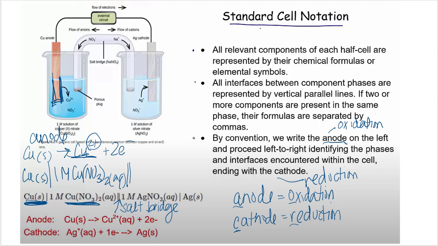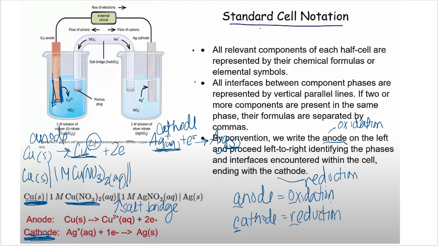Okay, and then we proceed over to the right, which is our cathode. And remember, our cathode, our reduction site, we have silver ions, Ag+. Remember, silver ions are in aqueous solution. Then going to solid silver.